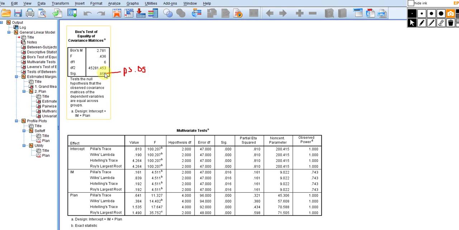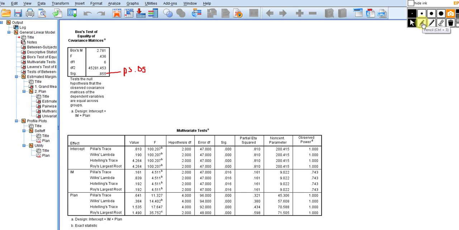On the other hand, if you have a very low sample size, you may have an underpowered test, and you may conclude that there are no differences or very small differences, when in reality the differences might be quite substantial. So that's one of the limitations of this test when it comes to using it to assess the assumption of equality of covariance matrices.